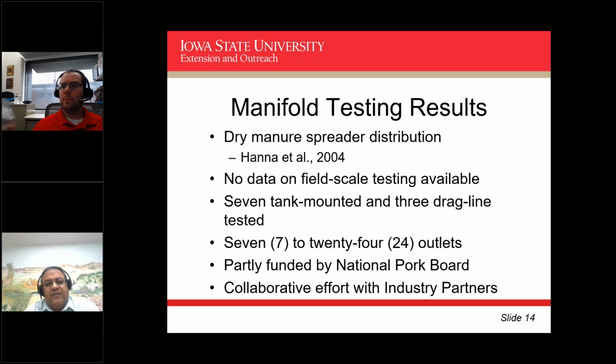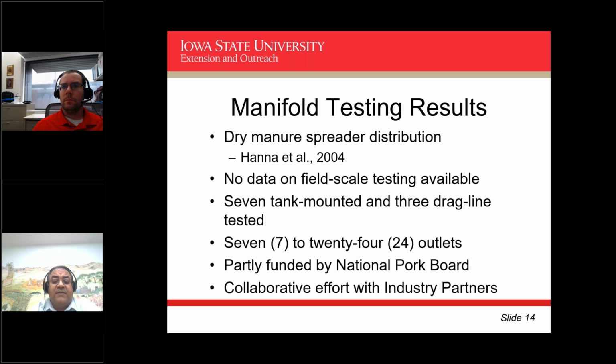To start out with, we also looked at some of the research that had been done in the past, but we didn't find anything on liquid manure manifolds. We did find some information on dry manure spreader distribution, but nothing for liquid manifolds. So we took this project on.